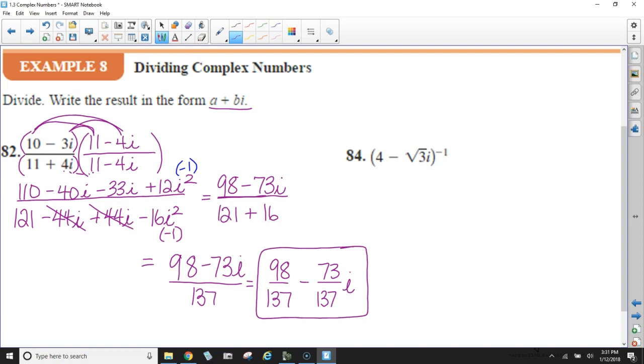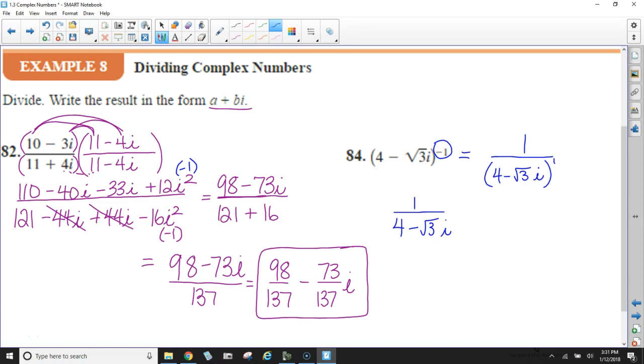On number 84, we're first of all going to write this problem as, this is this quantity to the negative first. So I'm going to get rid of this negative 1 exponent by writing this as 1 over quantity 4 minus square root of 3i. Now it's to the positive first. So essentially our problem is the same thing as 1 over 4 minus square root of 3i.